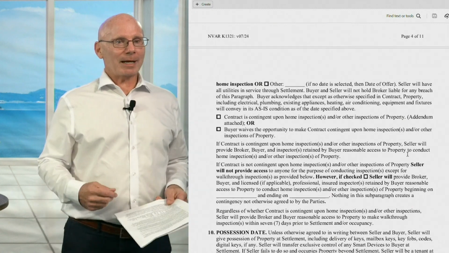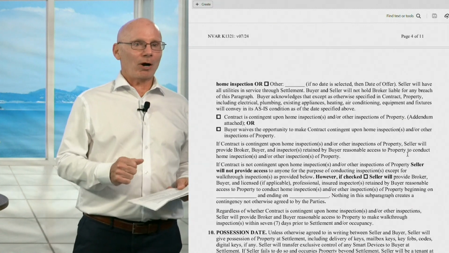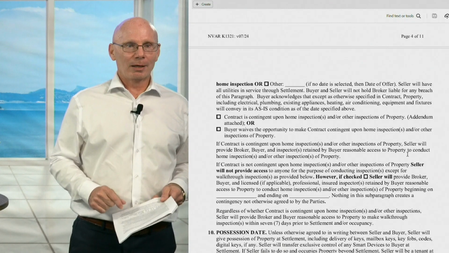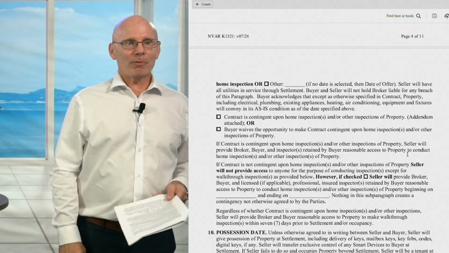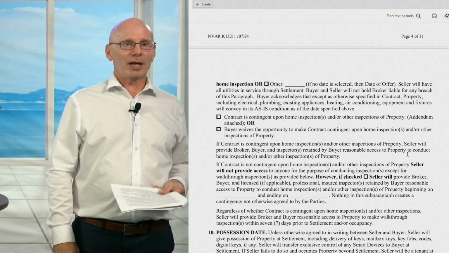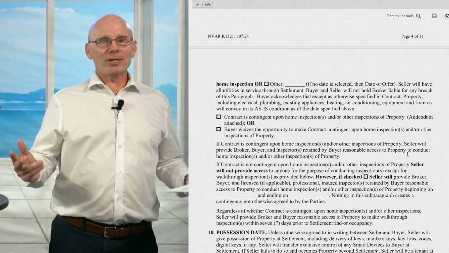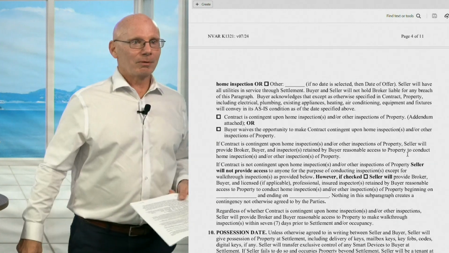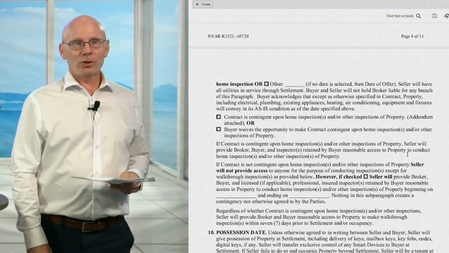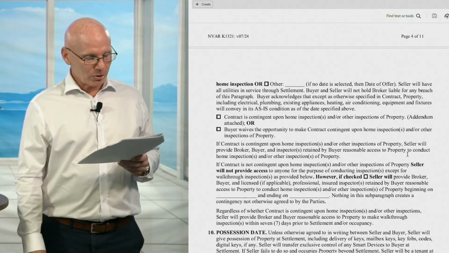I could come back and say, hey, seeing that my clients are going out of town that weekend, is there a way we can do it on Friday and then we can slide by on Monday right before settlement to just do a walkthrough after they get their stuff out? Figure out ways to negotiate your way through this stuff. Don't draw lines in the sand, right? The best way to do it is to communicate with the other side.